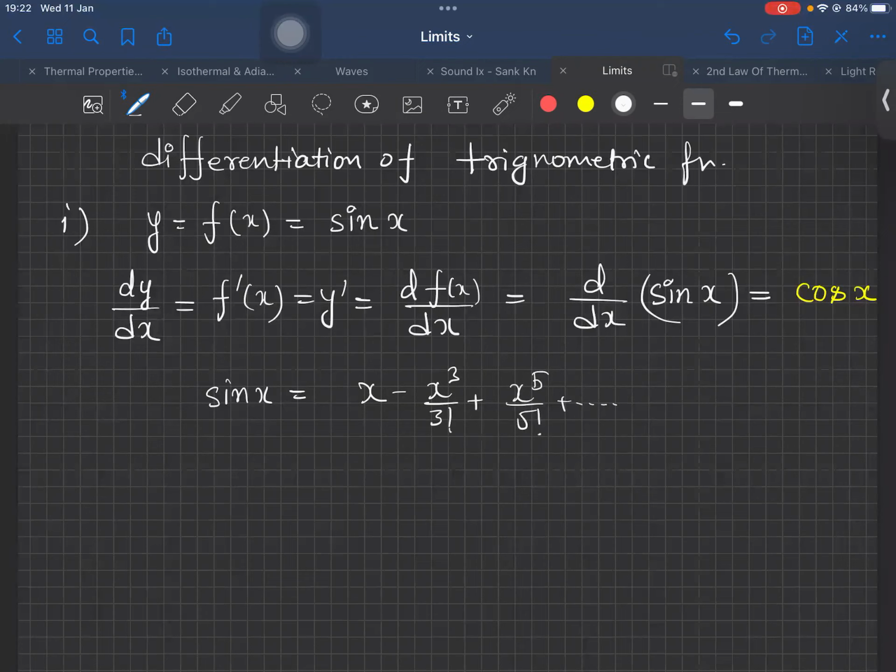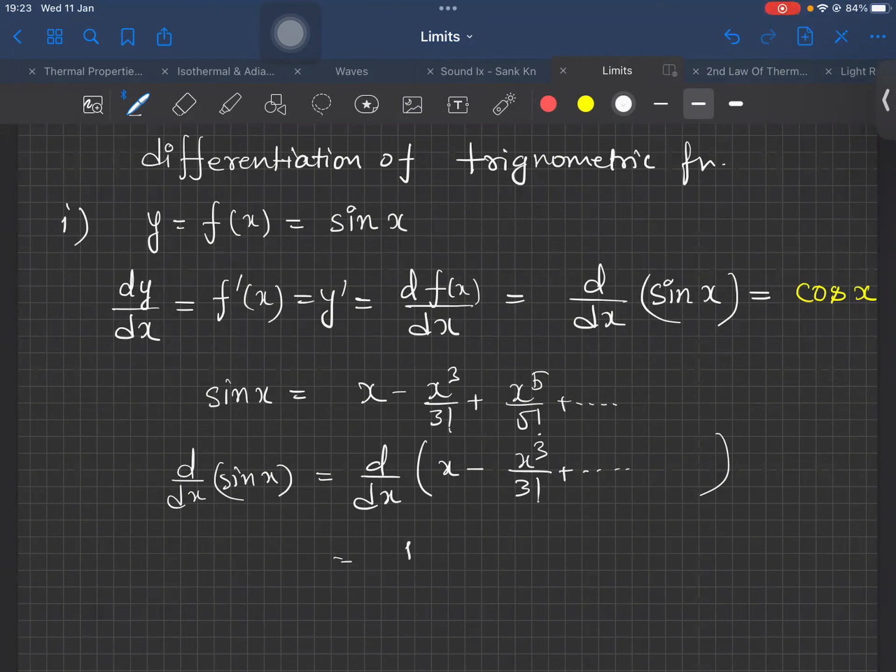There are several methods to prove this, I'm using just this method. So when you differentiate it, you'll get 1 minus 3x square upon 3 factorial plus 5x to the power 4 upon 5 factorial and so on.